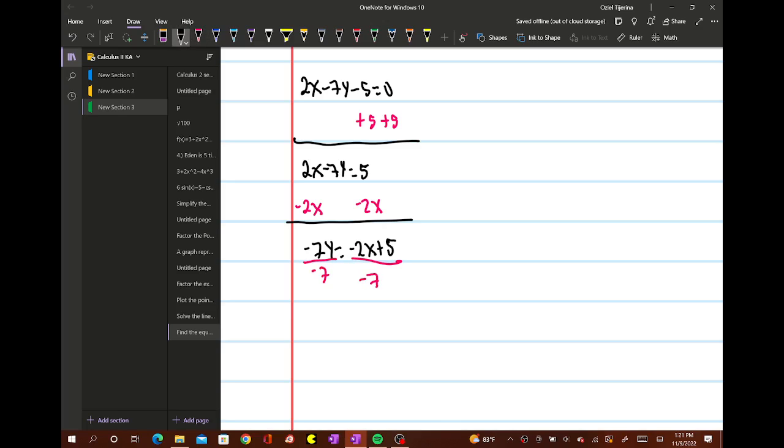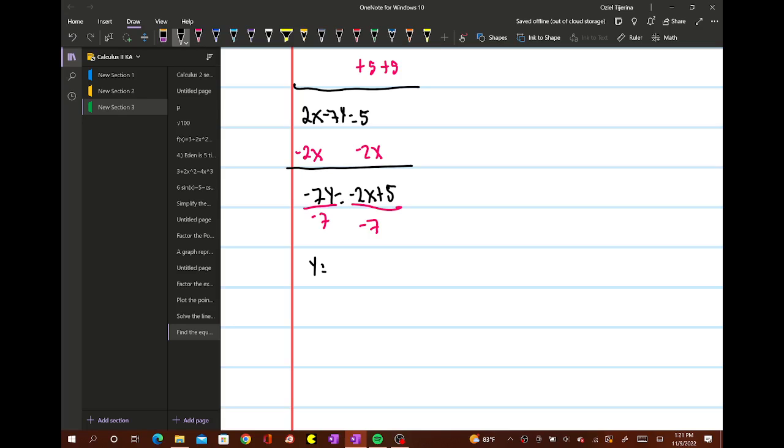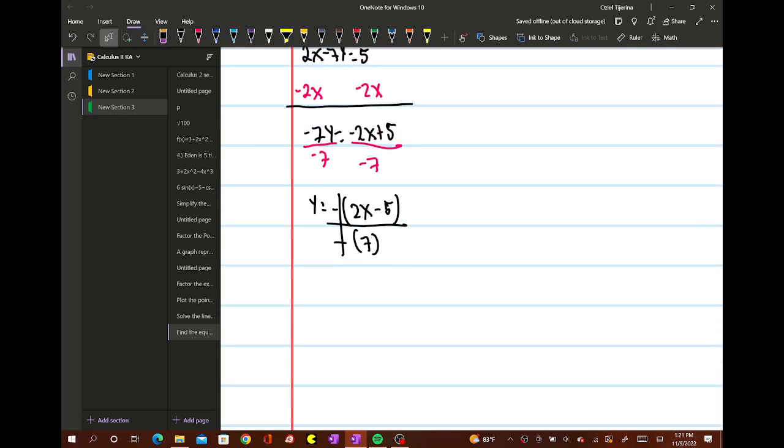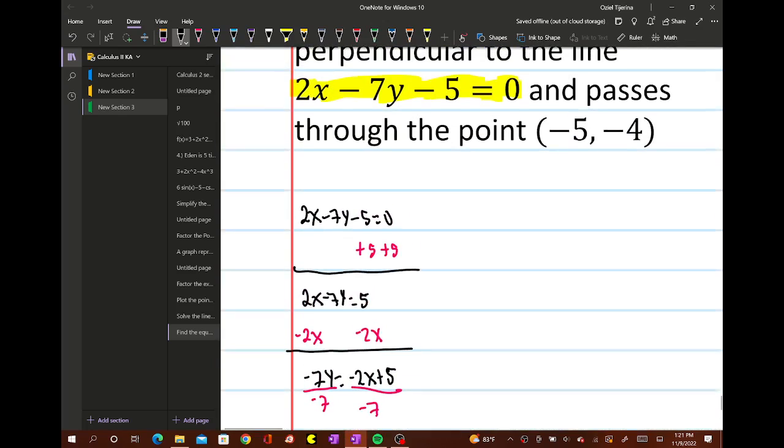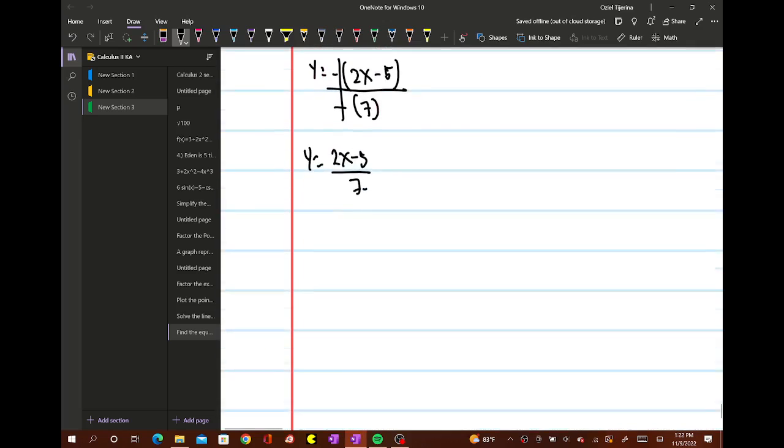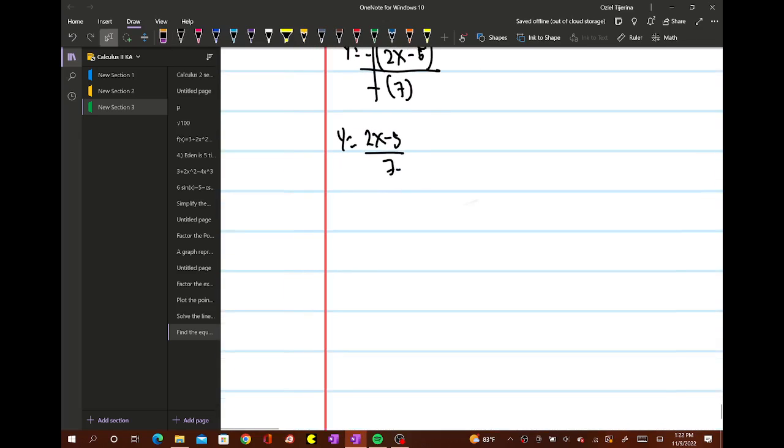This gives you y equals, and if we factor, we have negative the quantity 2x minus 5 over negative 7. The negatives cancel out, so really we have y equals (2x minus 5) over 7. Now, we want it in slope-intercept form because from there we're going to find the perpendicular slope.